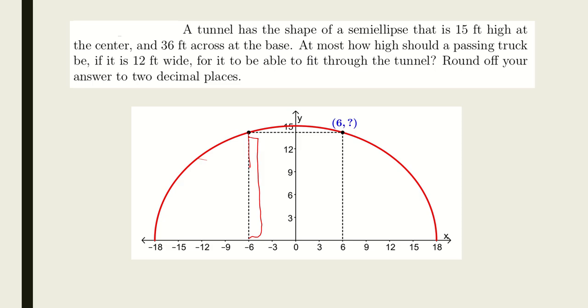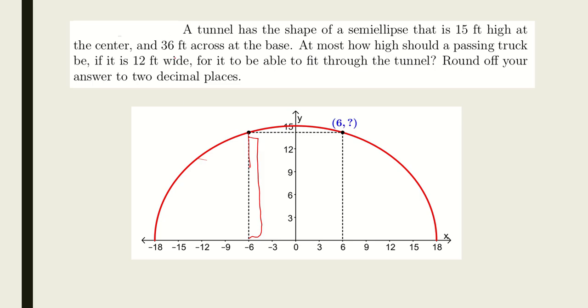And then, sir, how did you know, sir, that its standard equation is centered at 0, 0? Obviously, if the center is not identified in the problem, you need to take note. If the center is not stated in the problem, automatically its center is the origin, which is 0, 0. That's how we identify problem.